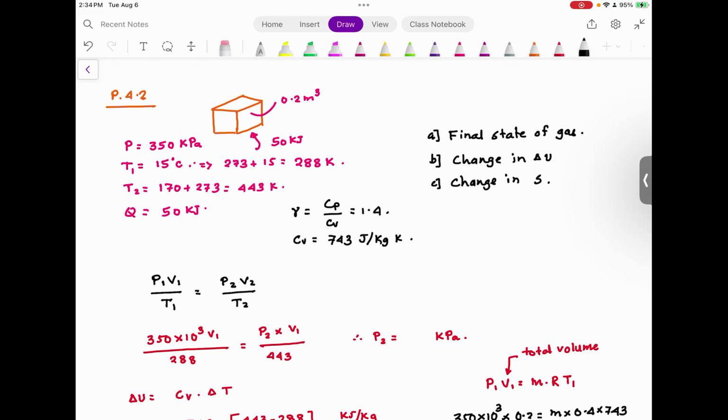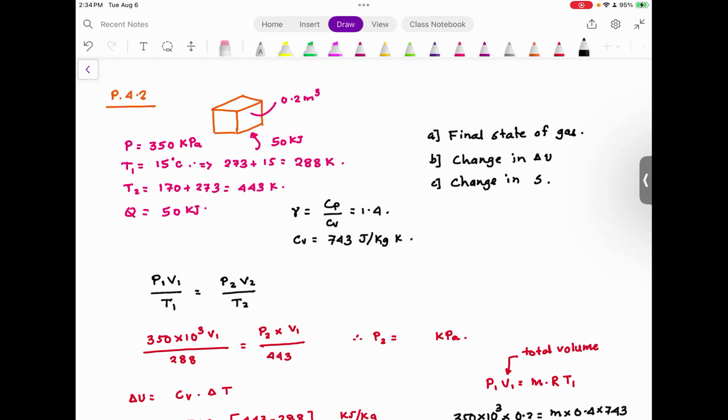For any process, change in the enthalpy is CP multiplied by the change in the temperature. Everyone understood this? Entropy equation is CV ln T2 divided by T1. So these are the only four equations that you need to remember to solve any problem.